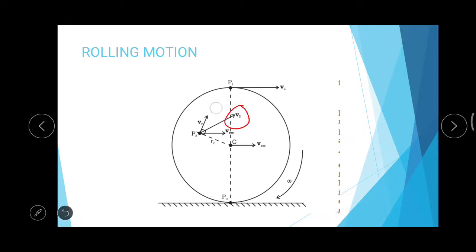So VR is the linear velocity which causes the rotation, vcm is the velocity of the center of mass, that is the translational velocity of this rotating body, and v2 is the resultant velocity of the particle at P2 due to VR and vcm. And VR will always be perpendicular to the radius, the line joining the center of mass and the particle.